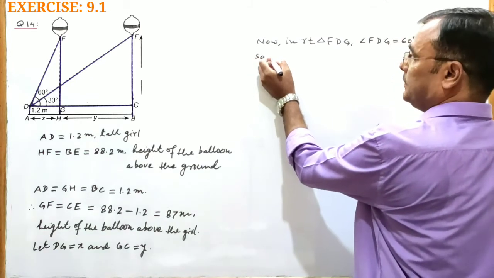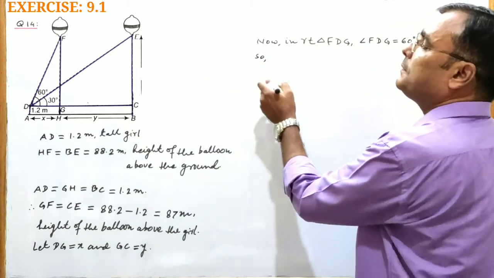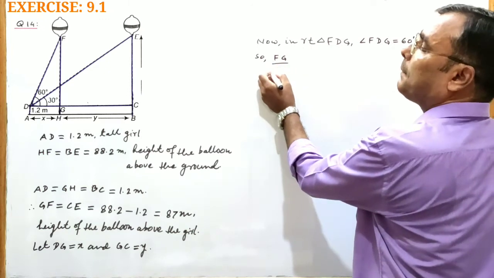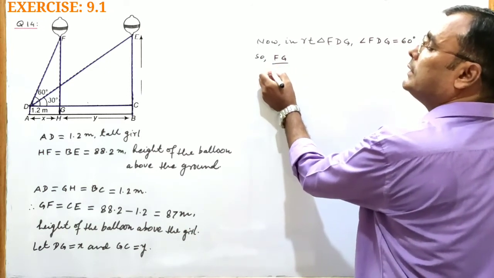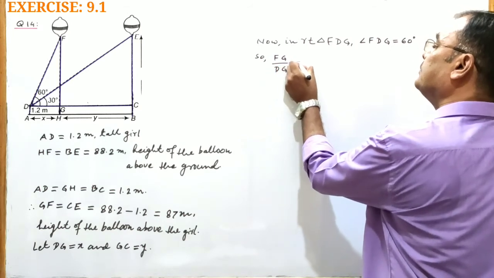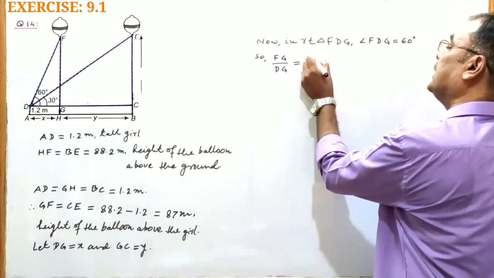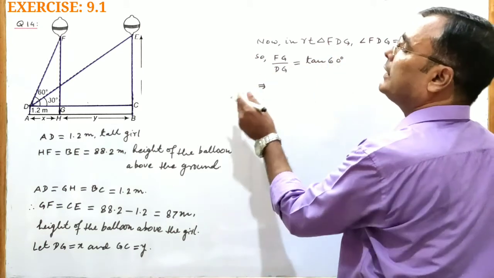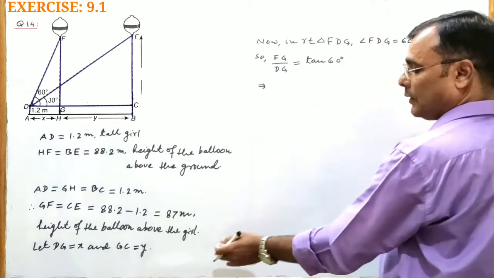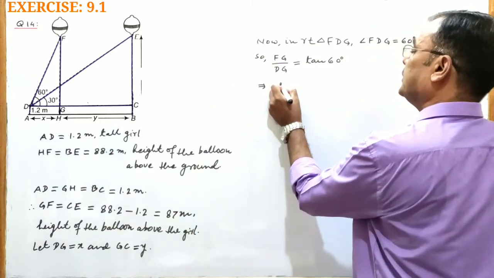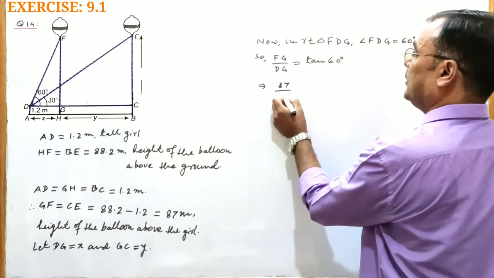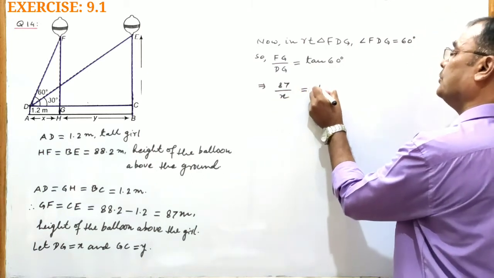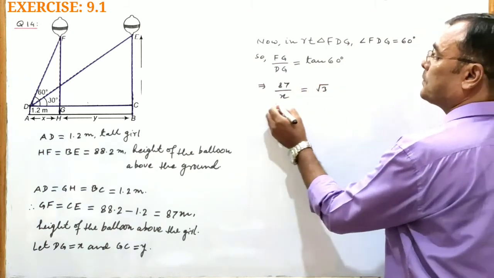So we can write FG by DG equal to tan 60 degrees. Height of the balloon above the girl is 87 meter. So FG is 87, and DG we have taken x, so 87 by x equal to root 3.